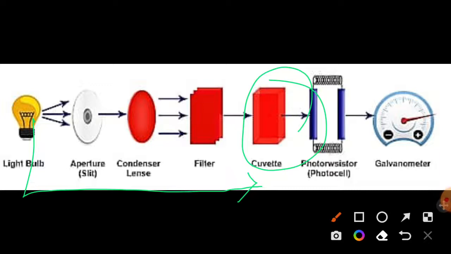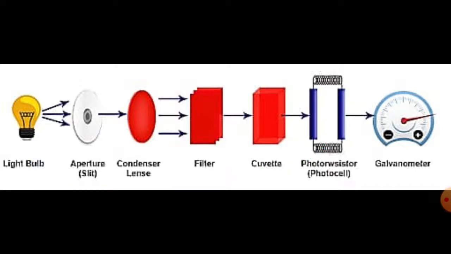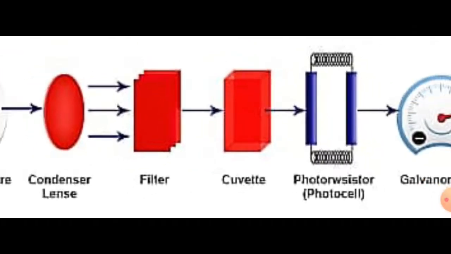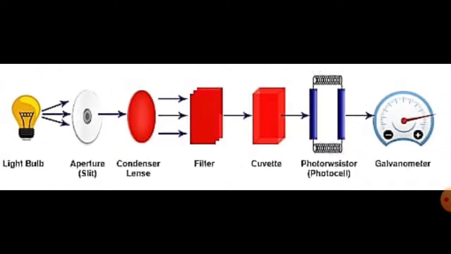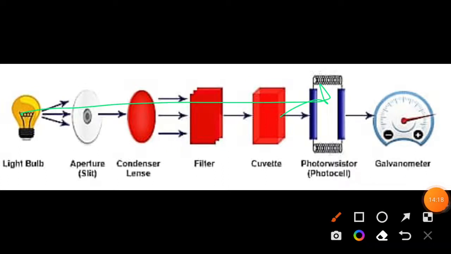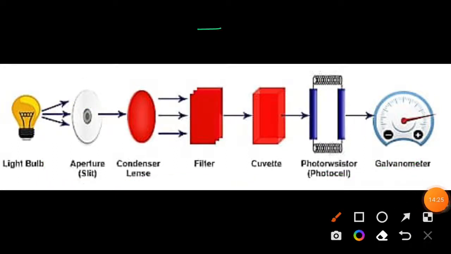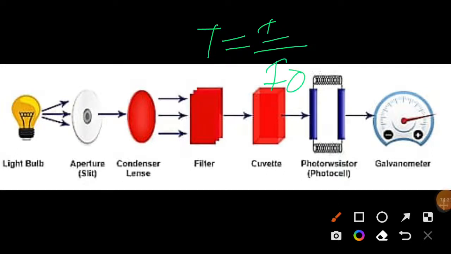That means there will be a control. In case of the control, it will be I0, because there is nothing present for absorbance. So when the two values from the sample and from the control go to the detector, the detector will give you a value in the form of transmittance, which is the ratio of transmitted light and the incident light.